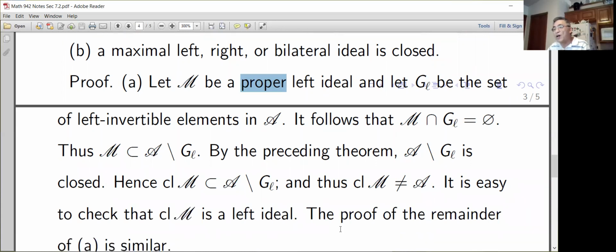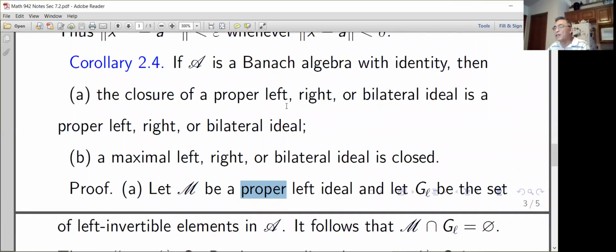This has proved that the closure of a proper left ideal is a proper left ideal. The same argument works for right or bilateral ideals. In other words, the closure of a proper right ideal is again a proper right ideal, and the closure of a proper ideal is again a proper ideal.